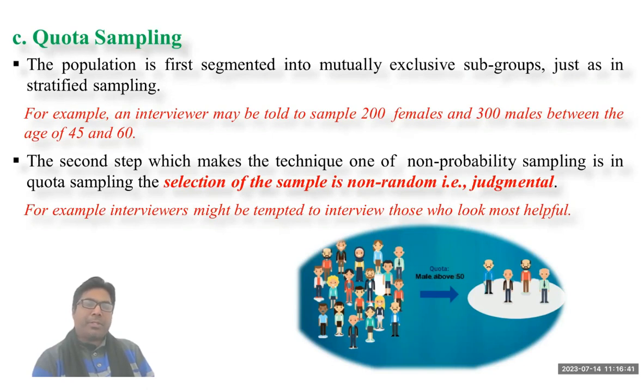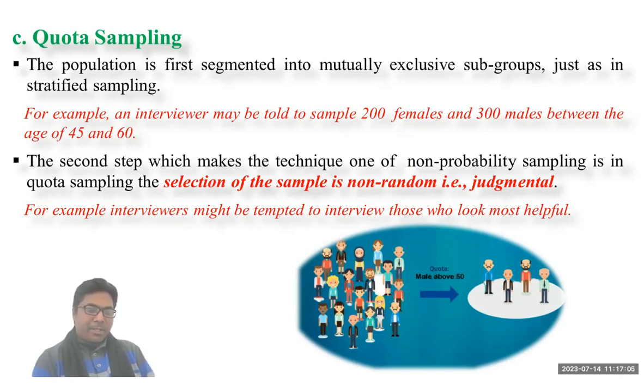So when we draw the strata, we are going to select the sample in a non-random way. We're not going to use random sampling here. The sample will be drawn in a non-random way, that is on judgmental basis.